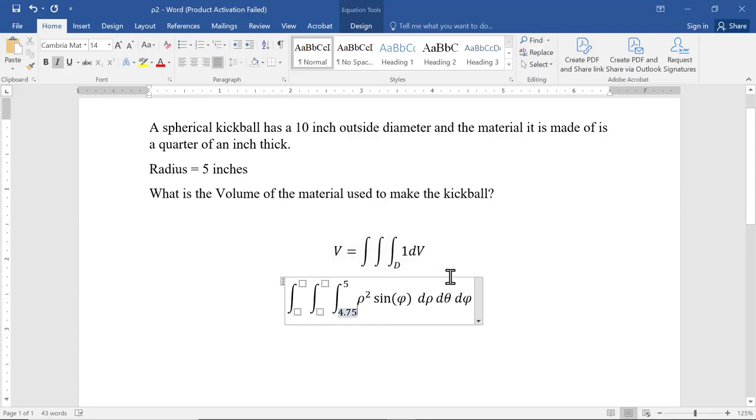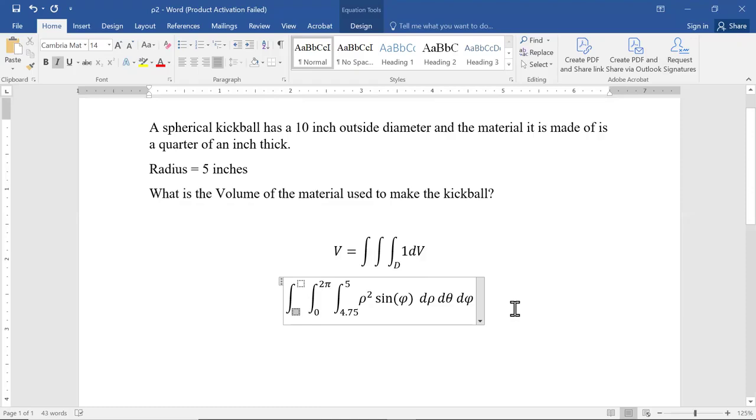When I convert that to spherical, d rho, d theta, d phi, then rho goes from 4.75 to 5. Theta is going to go from 0 to 2 pi. That's all the way around the xy plane. And here's the interesting thing.